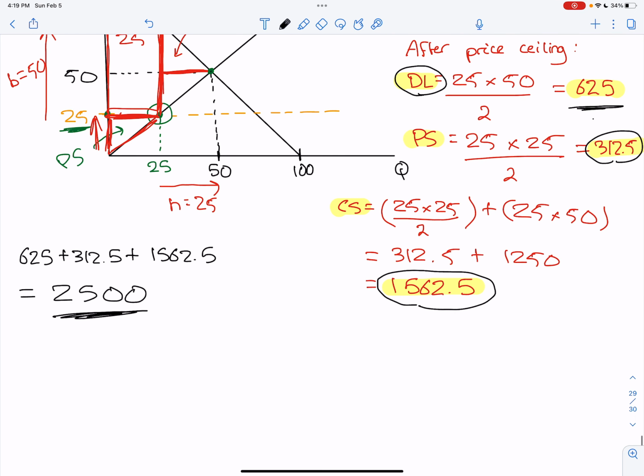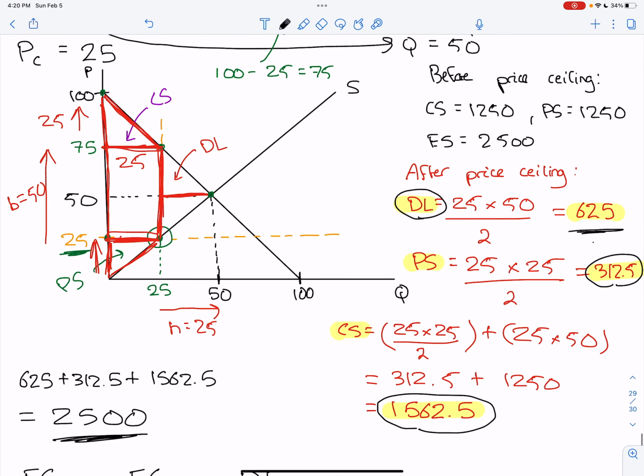So economic surplus 1, so this is before price ceiling, minus economic surplus 2, so this is after price ceiling, should give us our deadweight loss.